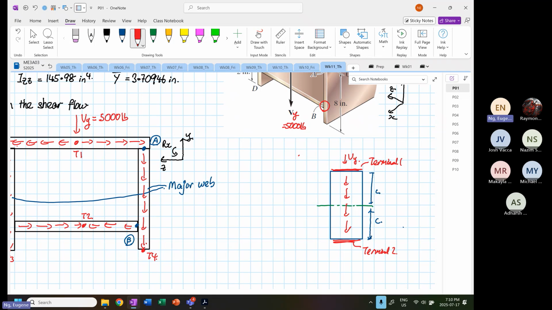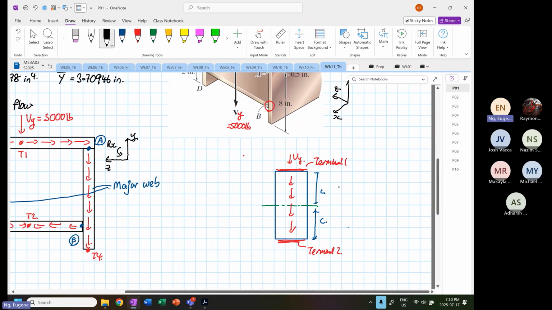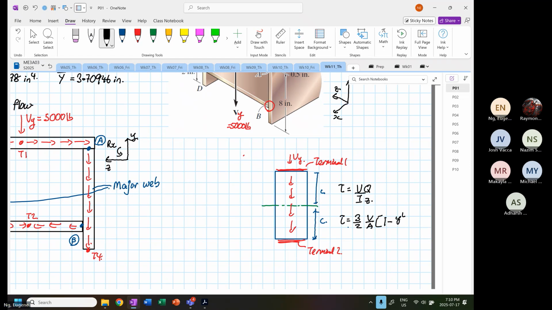Okay. So we did derive that the shear stress is equal to V over I, Q over Z, right? And we had a relationship. I can't really remember, I think we derived that the shear stress is 3 over 2, V over A, bracket 1 minus y squared over c squared.